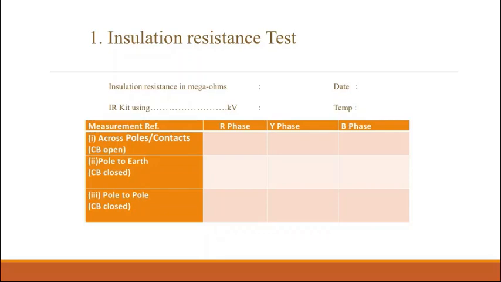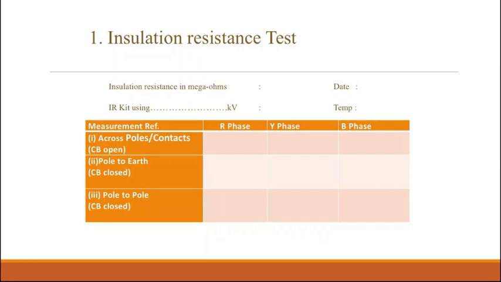And when we are considering the circuit breaker, it mainly has two conditions. One is the closed condition, one is the open condition. Strictly speaking, when it is in the open condition, across the pole the resistance should be infinity, but in practice a small leakage current will start flowing because of the high voltage offered by the system.